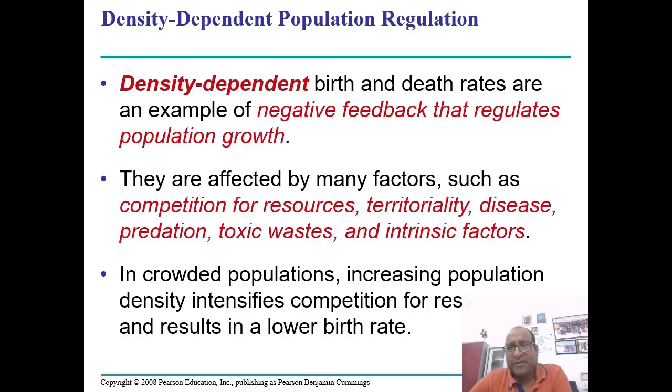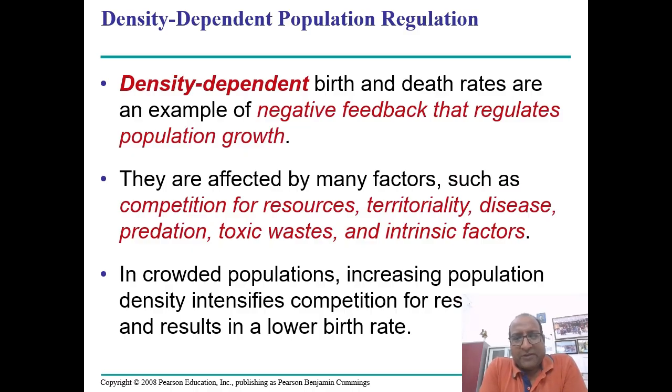And they are affected by many factors such as competition. If the density increases, competition will start for resources. They will fight for habitat. Disease may happen. Predation of one individual by another. Toxic waste will be produced by the individuals if they are living in close vicinity, and those toxic wastes will affect the life of other individuals, along with some other intrinsic factors.